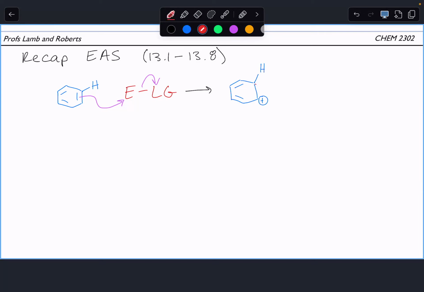So now our electrophile has formed a bond with this carbon here. We have broken aromaticity, and then we need to regenerate that aromaticity. So our leaving group can act as a base to pull off that proton, which regenerates our aromaticity.